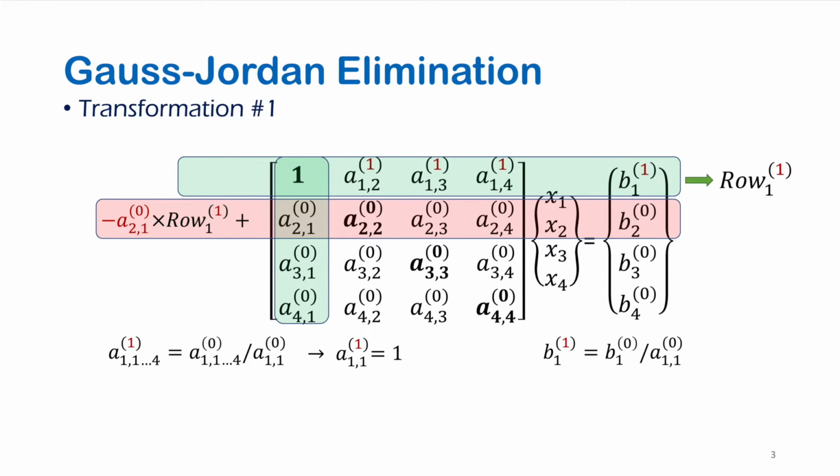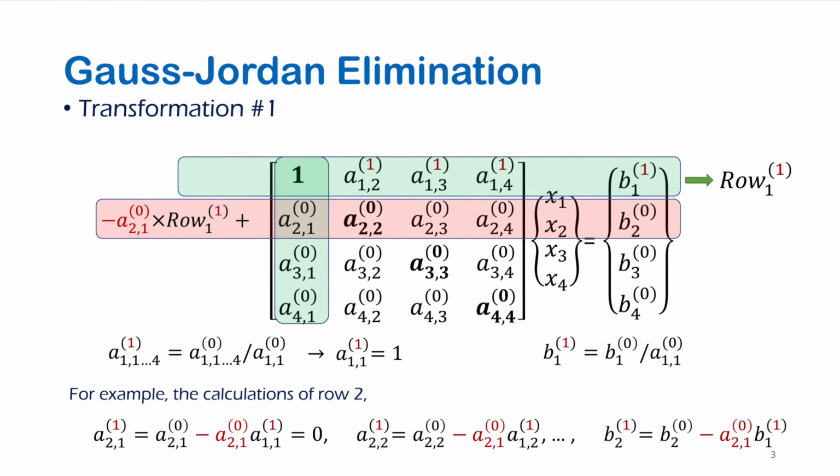So this operation can be written at each element in row 2 as follows: A21, which is just under the pivot element, will be equal to the old value of that element minus the factor, which is the same element multiplied by A11, while the other elements like A22 up to B2 will have different values according to the operations they are subjected to.